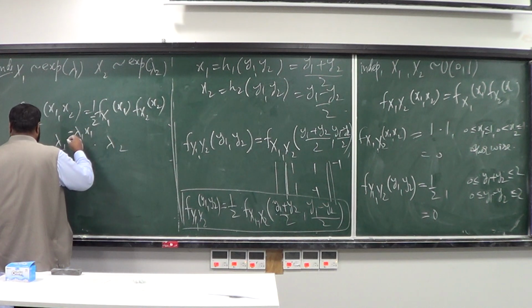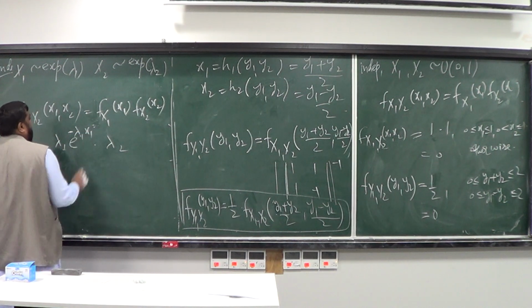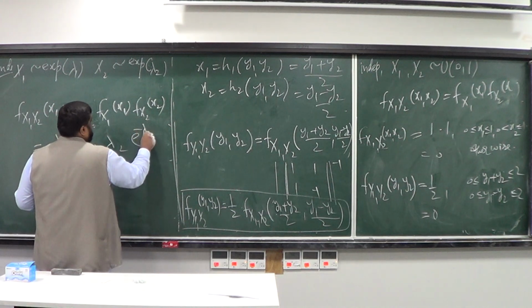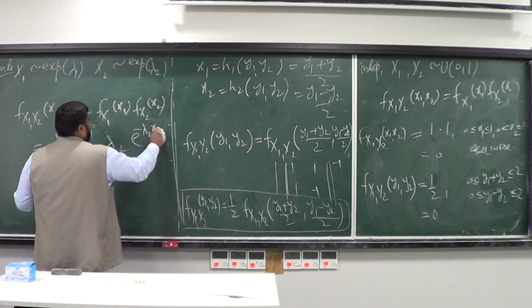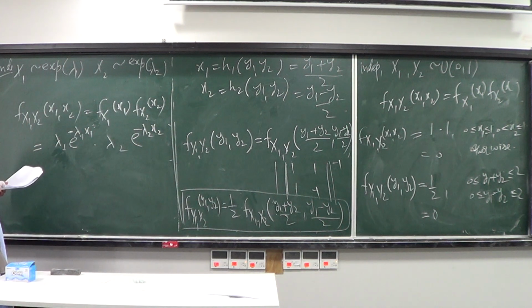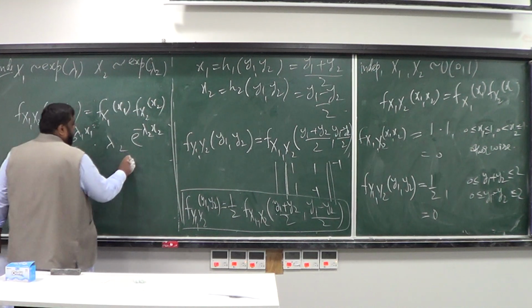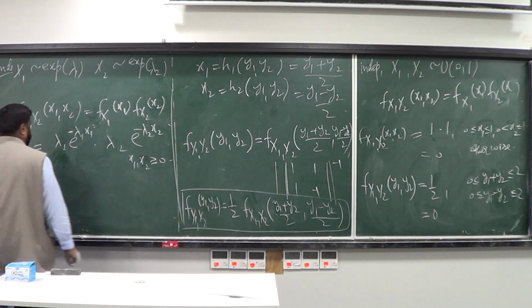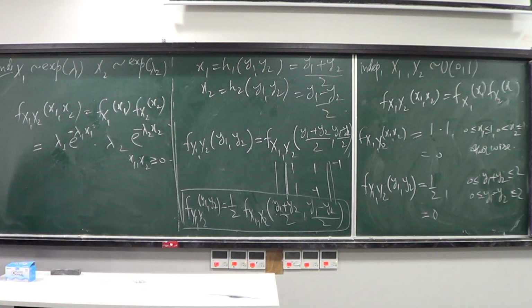Is there going to be 1/2? No, there is not going to be 1/2. This is what you're going to get, where x1 and x2 are greater than or equal to 0. This is the formula for this.